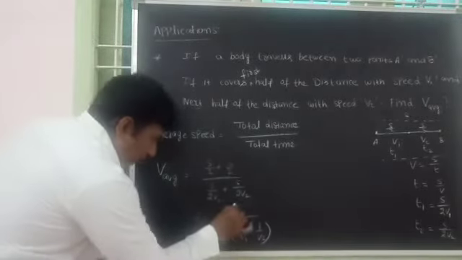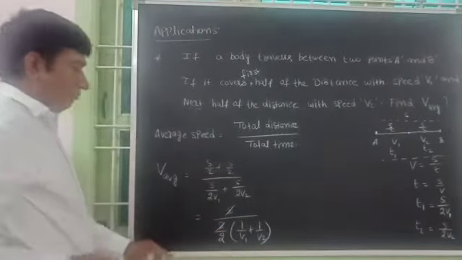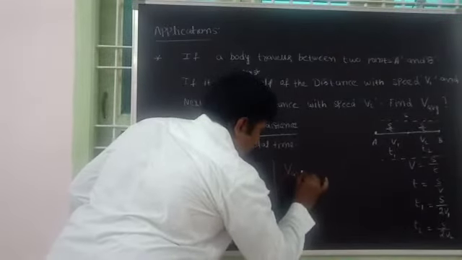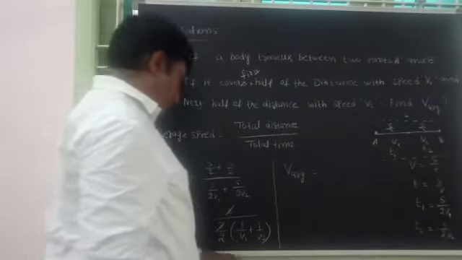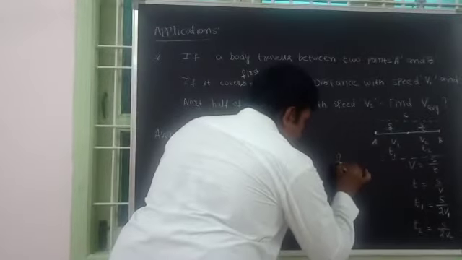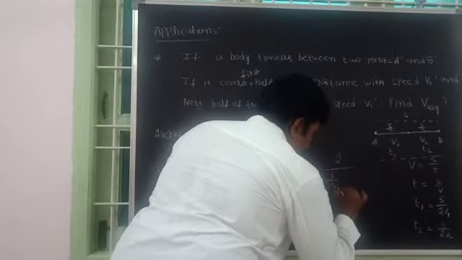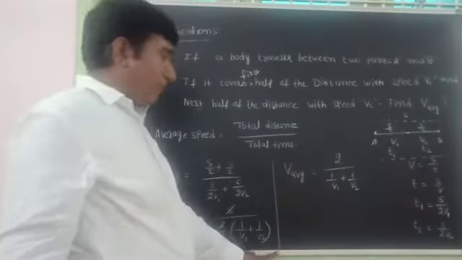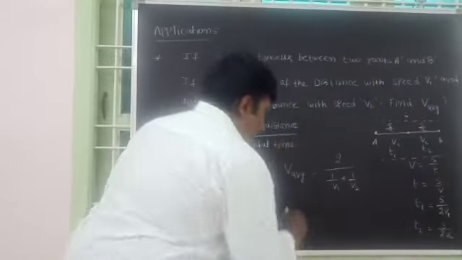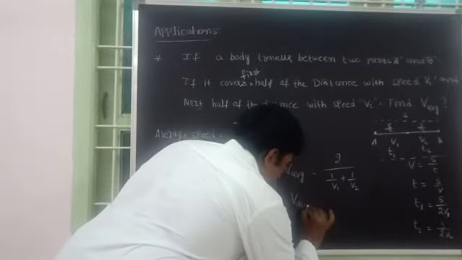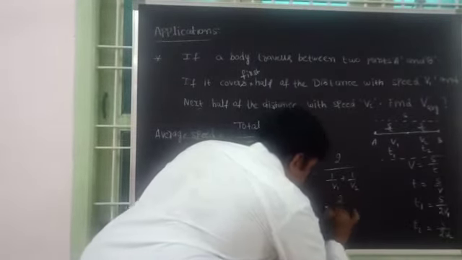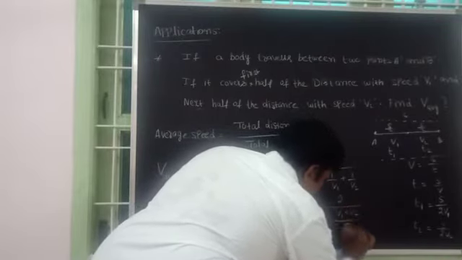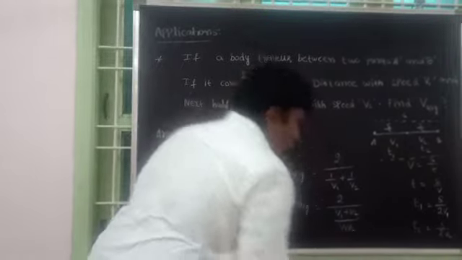The S cancels, and the 2 comes upward. So V average equals 2 by 1 by v1 plus 1 by v2. Taking the LCM, 1 by v1 plus 1 by v2 is v1 plus v2 by v1 v2.